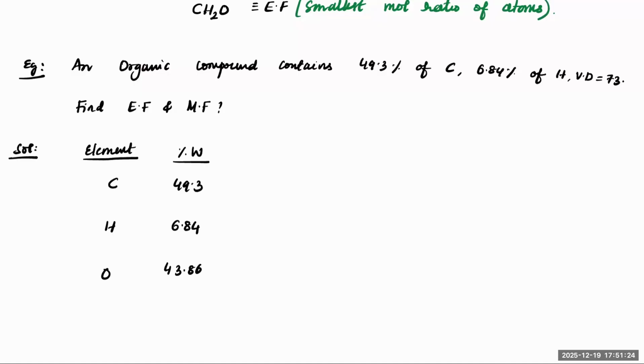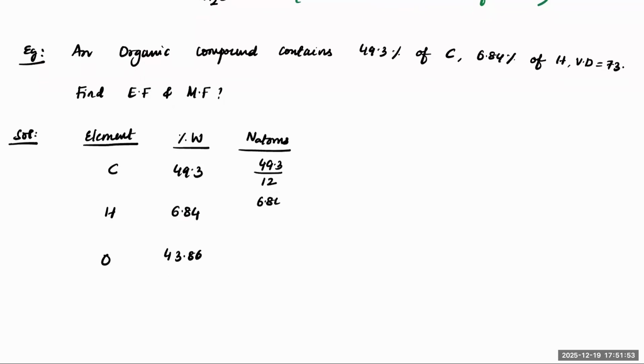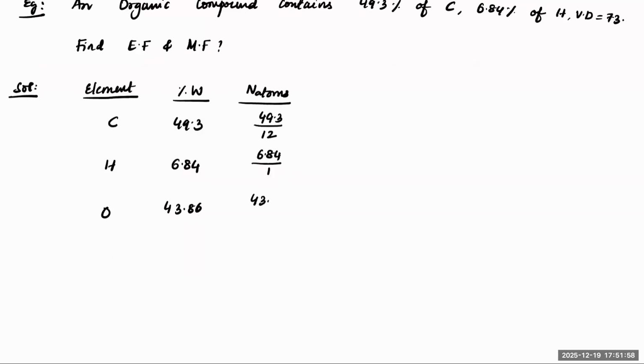If the percentage weights are given, you can calculate the number of atoms. This can be calculated as 49.3 divided by atomic mass 12, 6.84 divided by atomic mass 1, and 43.86 divided by atomic mass 16 for oxygen.